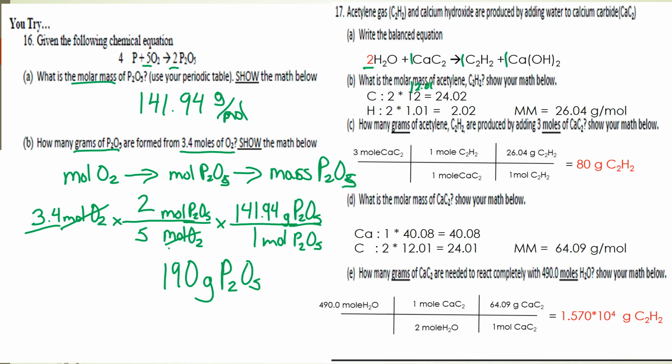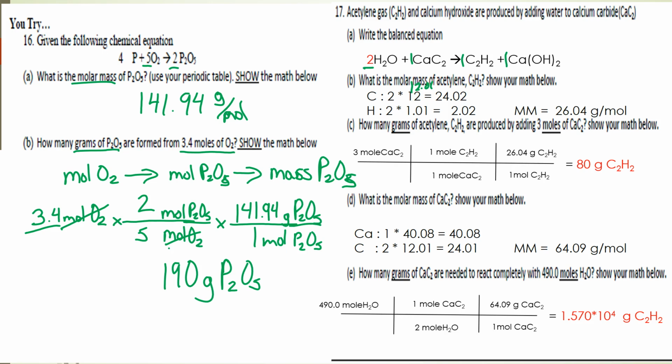All right, so looking at the bottom one, it said how many grams of CaC2 are needed to react completely with 490.0 moles of H2O. So in this case, we started off with mole of H2O. We have to get rid of mole of H2O. So I have 2 moles of H2O for every 1 mole of CaC2. Molar mass of CaC2 is 64.09. When we do that calculation, you get something like 15,704.